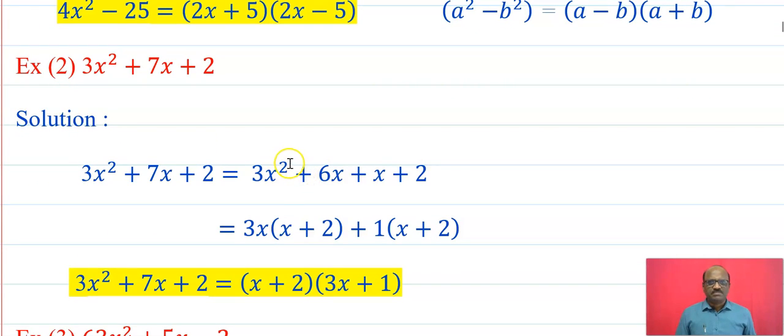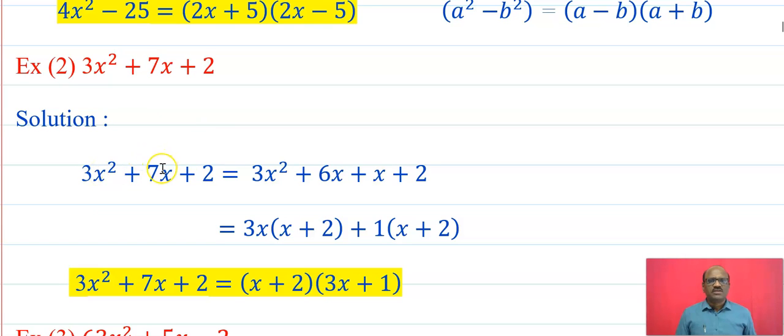Now the second example, 3x square plus 7x plus 2. In this case, we see that 3x square plus 7x plus 2. Again, we'll multiply 3 into 2, that is 6.